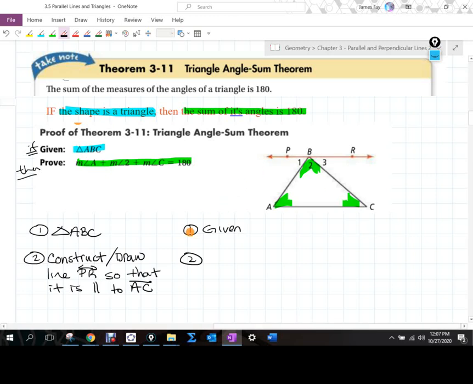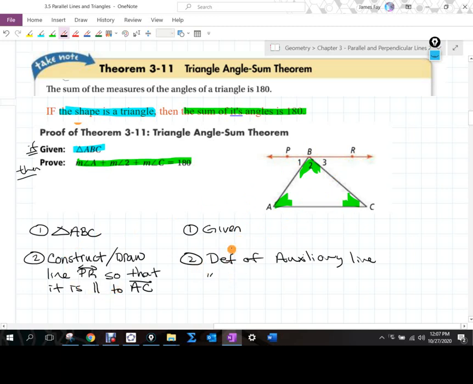Now we know we're allowed to do that because I'm going to write two things here. Definition of an auxiliary line. Okay? And because I know that line exists, I know it exists. I'm allowed to do it. I'm allowed to add an extra line to my picture. Okay? But I've added it in a way so it was parallel to AC.